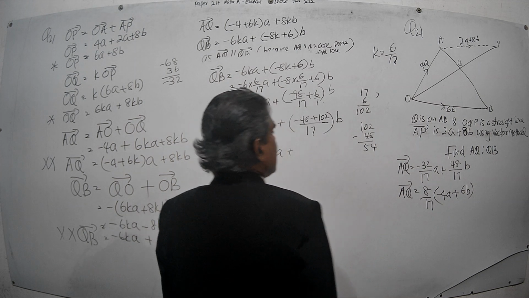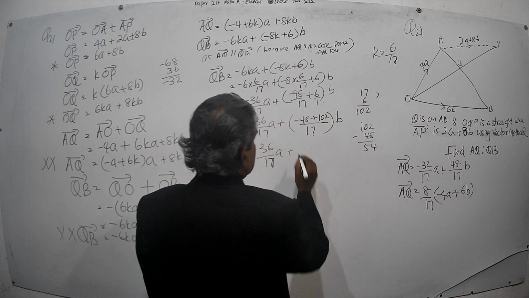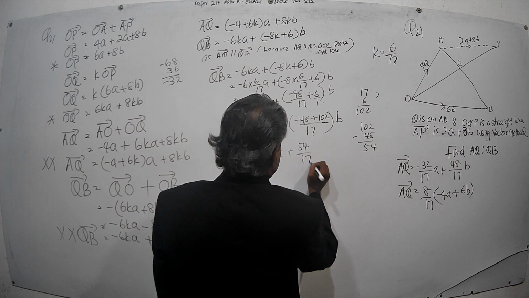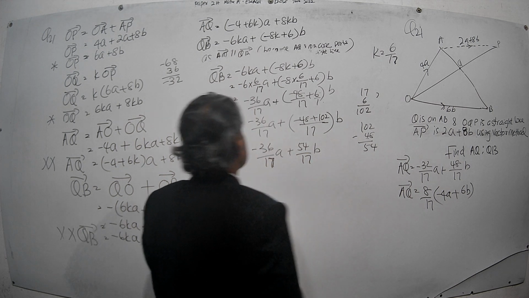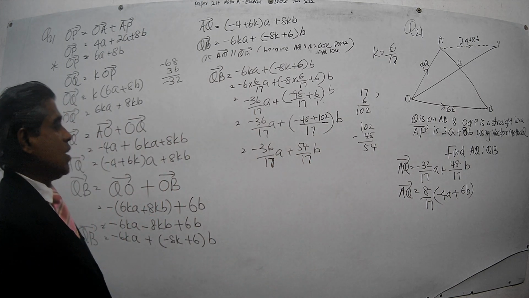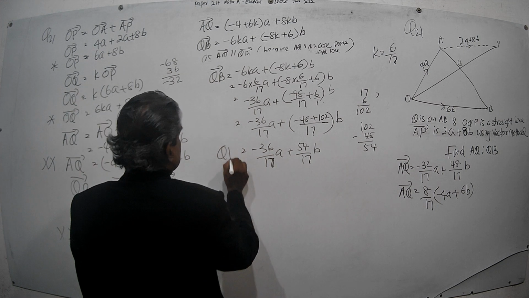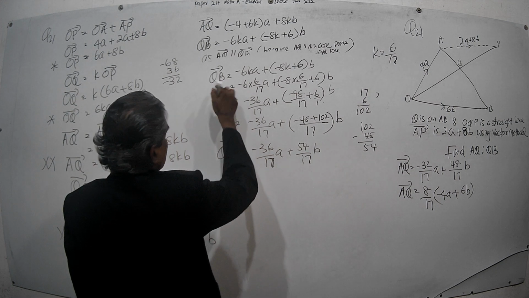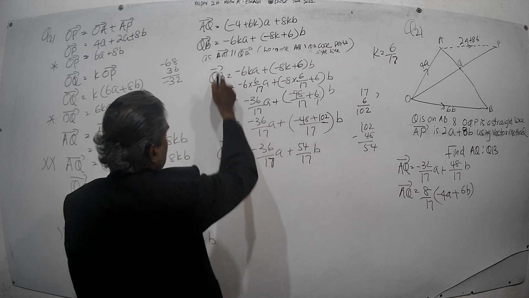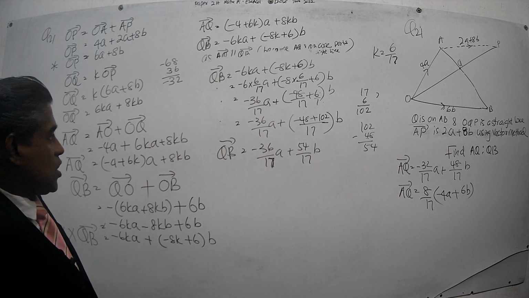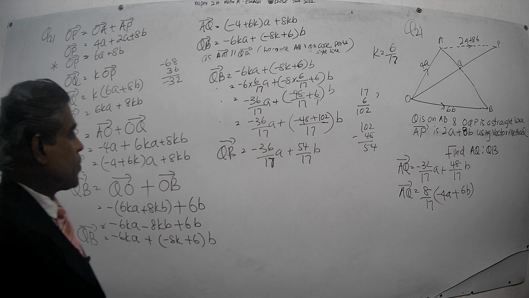Then here 54. So you get here 54 over 17b. Now again, this is also vector QB, nothing else. It is that vector QB, found step by step.